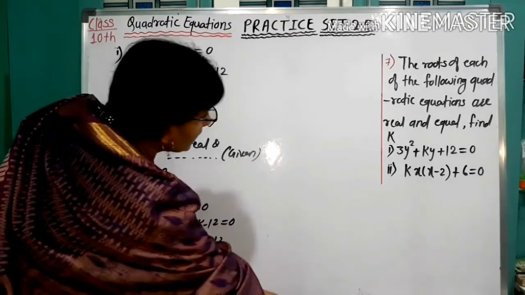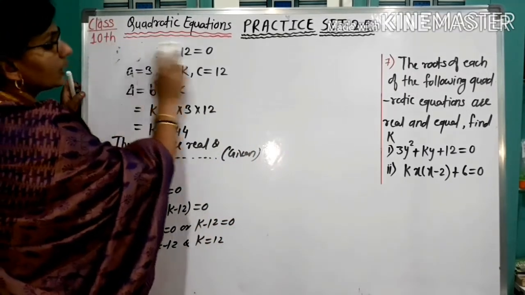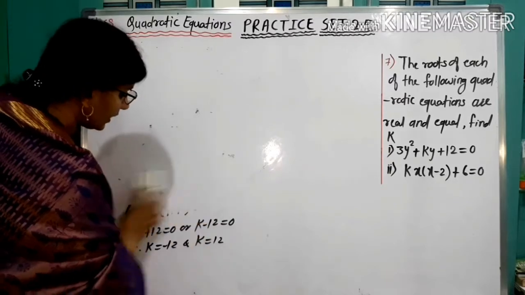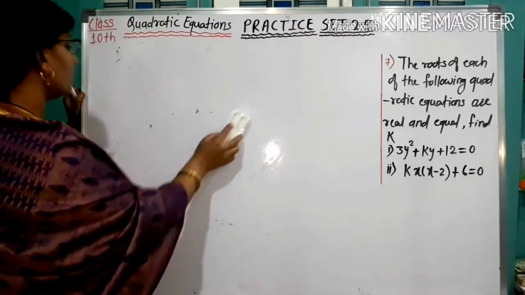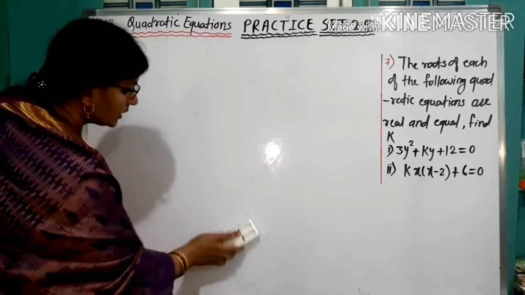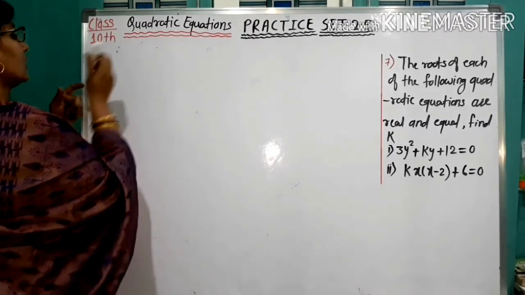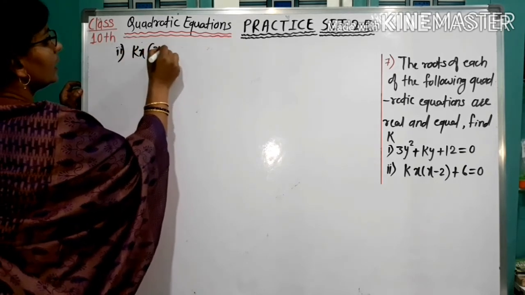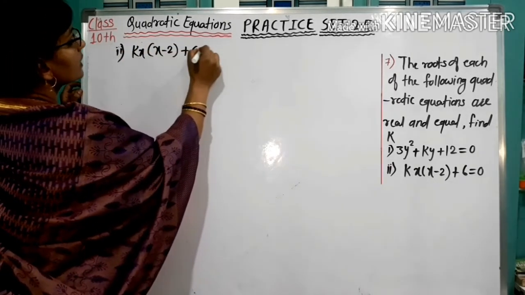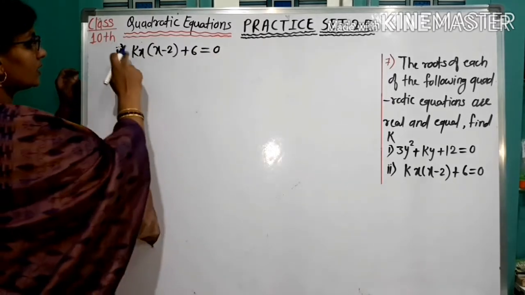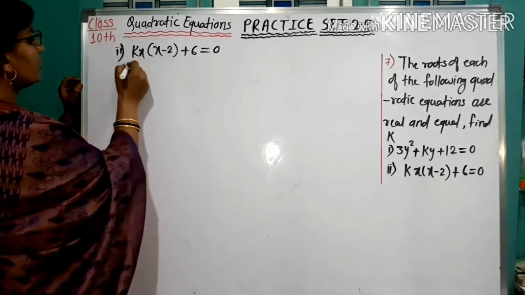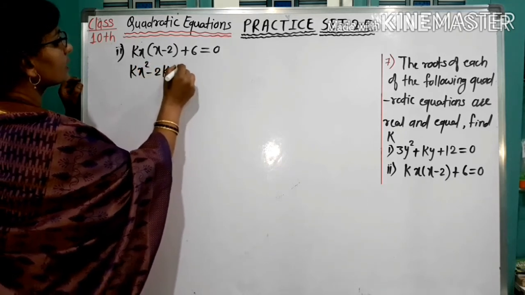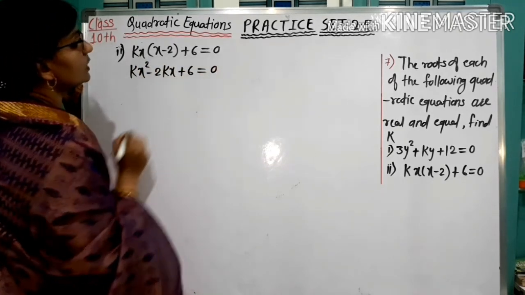Then the second example, given: kx in bracket x minus 2 plus 6 equals 0. First we multiply this kx to the bracket, that is kx square minus 2kx plus 6 equals 0.